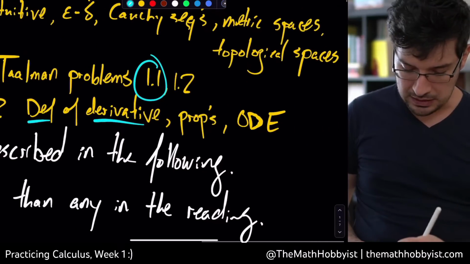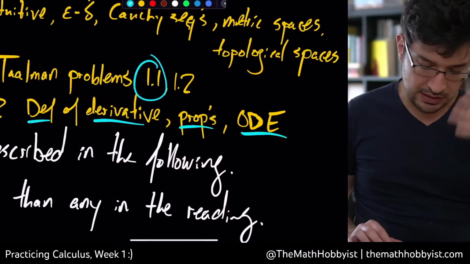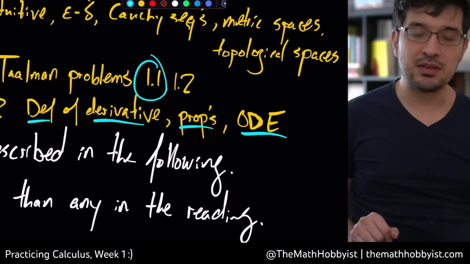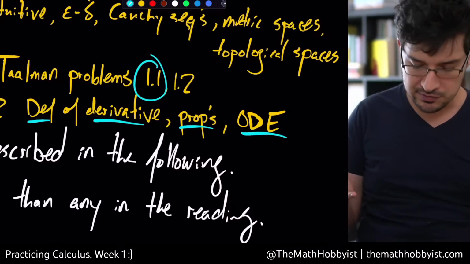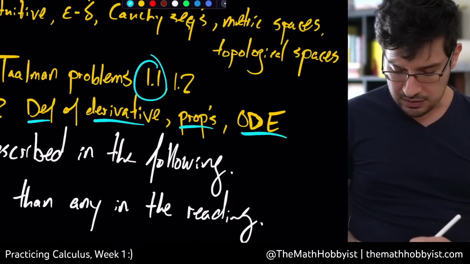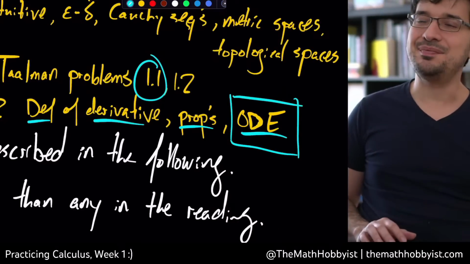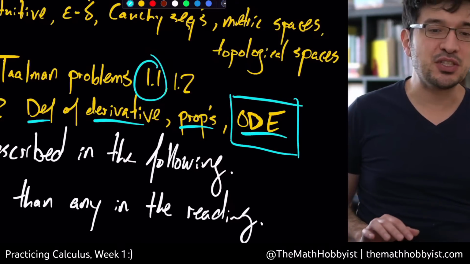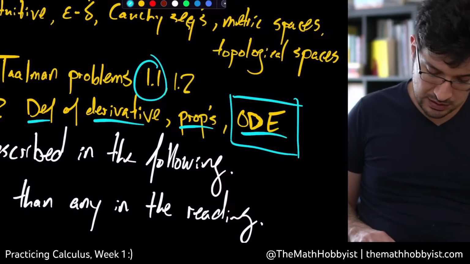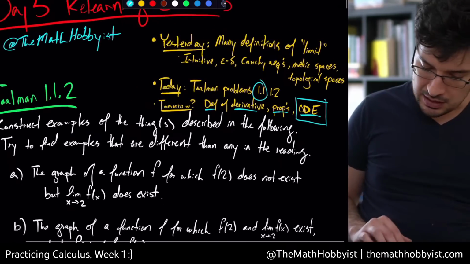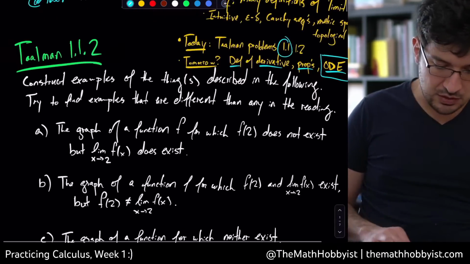And I'll start to state some of the properties of the derivative. Maybe we'll prove a couple of things, and we'll start to see how they're useful by applying them to some differential equations soon. That'll be another textbook, but today we are still just on limits.